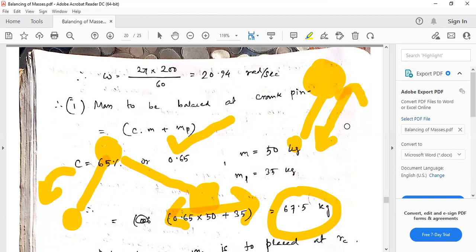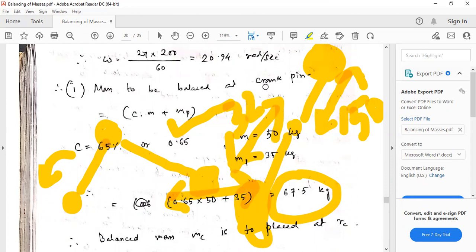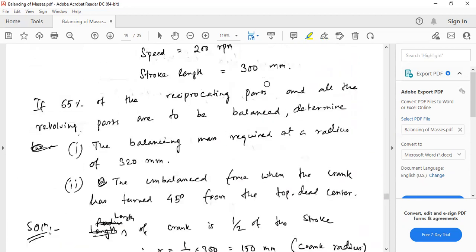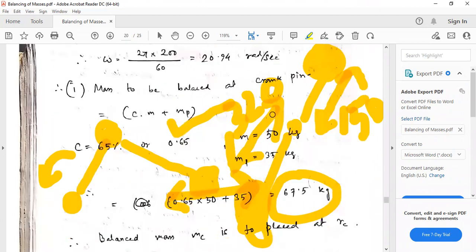So this is the crank radius, 150, as we have found. At 150, we have placed this combined mass of reciprocating plus rotating, and we have to balance this mass by placing an opposite mass. It is given in the question that this distance is 320. At a distance of 320 mm, we have to balance this mass, which combines reciprocating plus revolving.